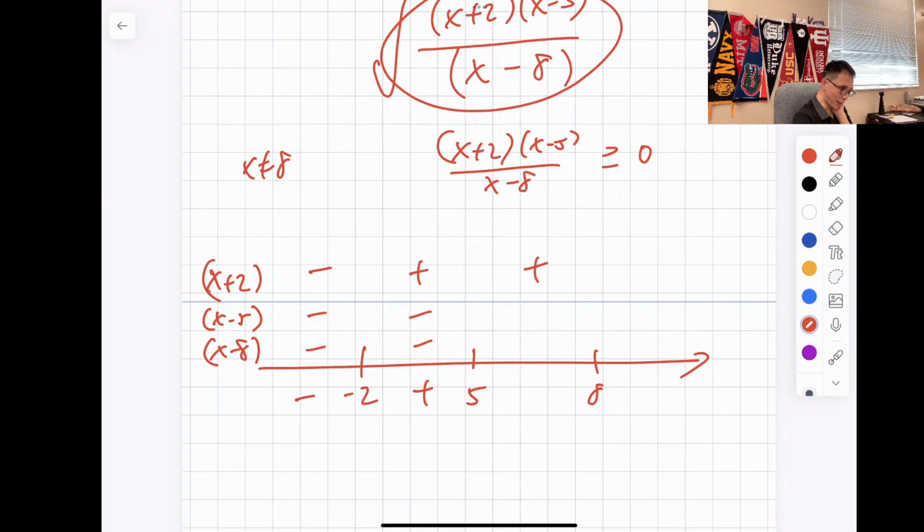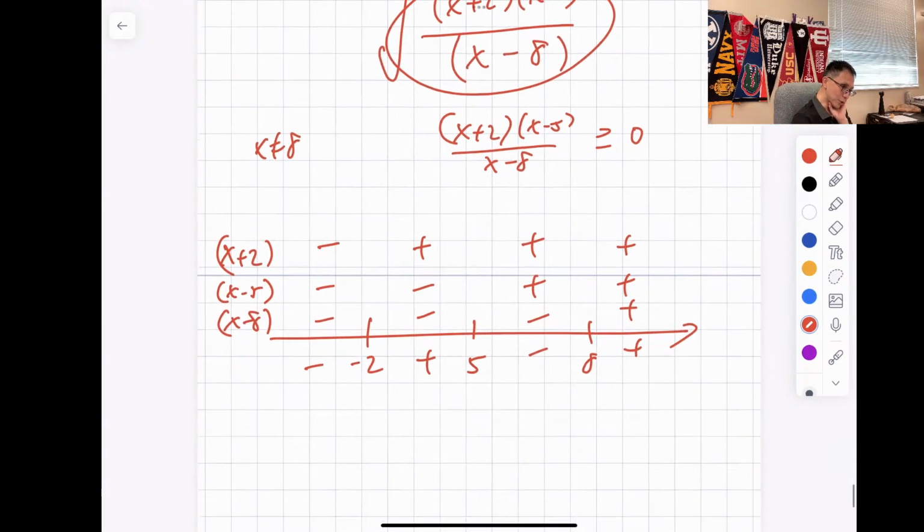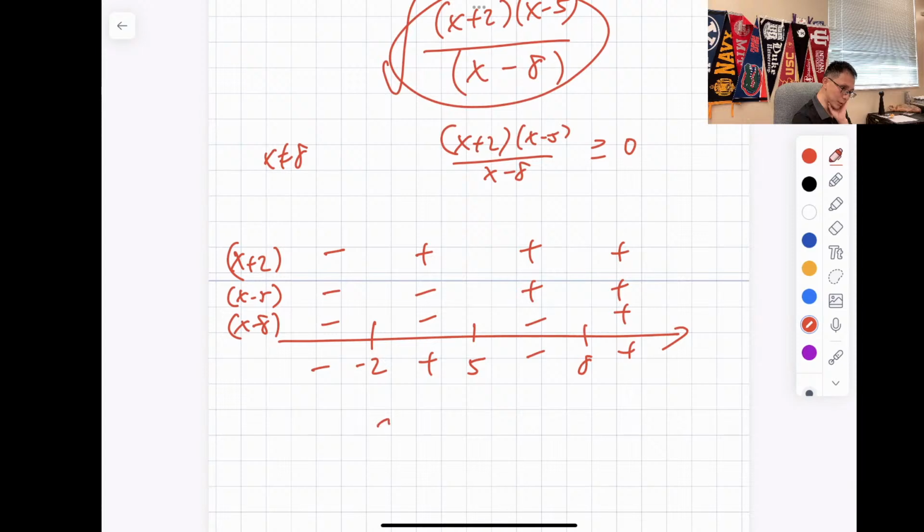And 6 will be positive, positive, negative. And positive, positive, positive, positive. So greater than 0 is going to be -2 to 5, union, not including 8, to infinity. Like that.